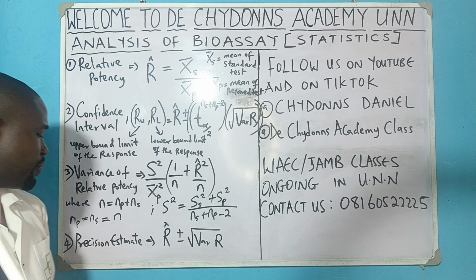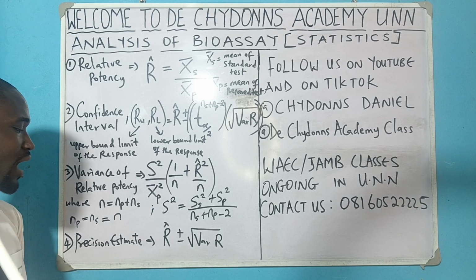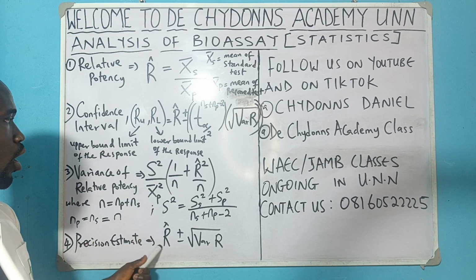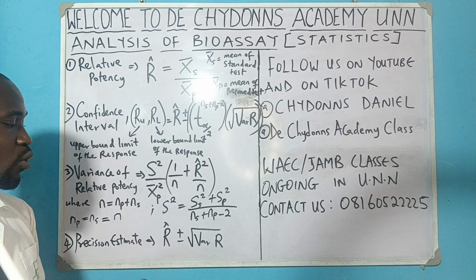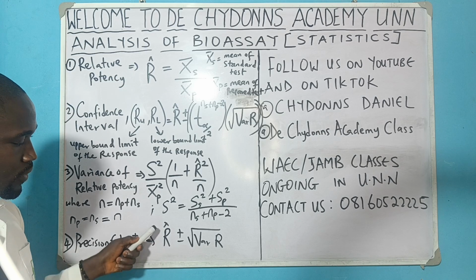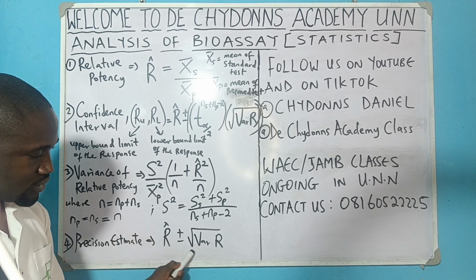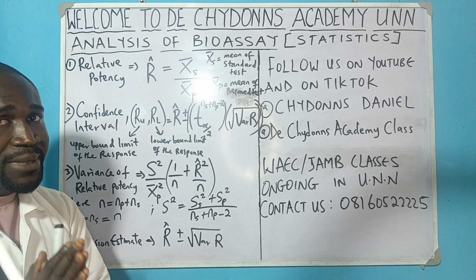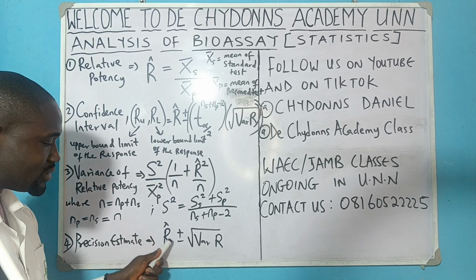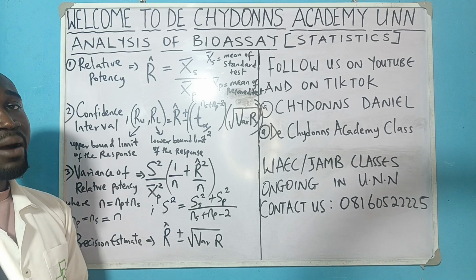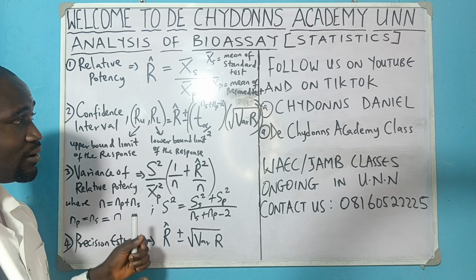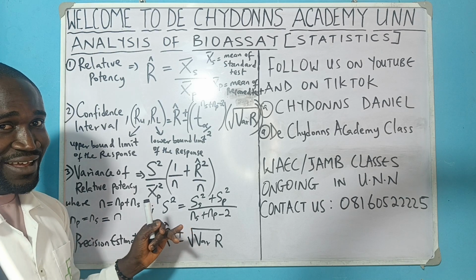So precision estimates also have the upper bound limit of it and the lower bound limit of it. So when you get this plus this, you get the upper bound limit of it. When you now say this minus this, you get the lower bound limit of it. I'm speaking in parable now, right?